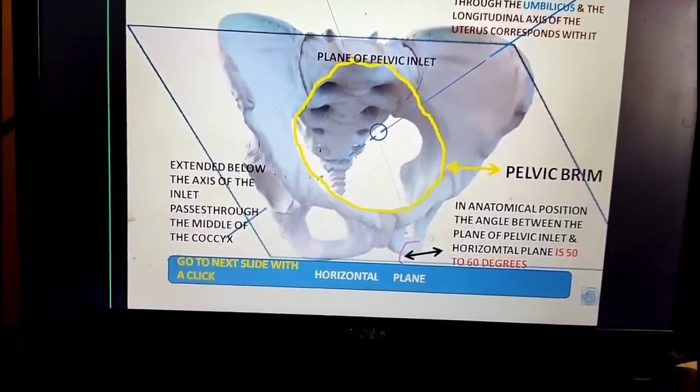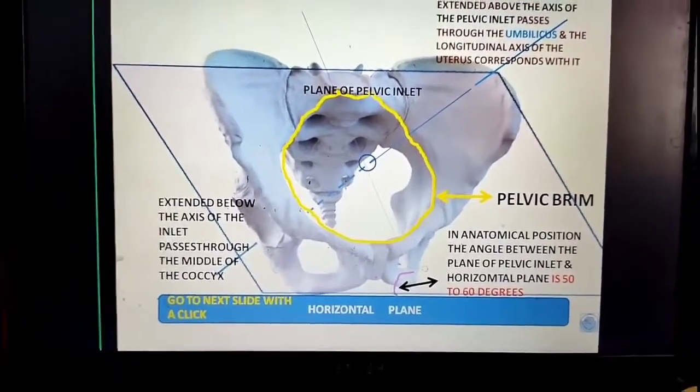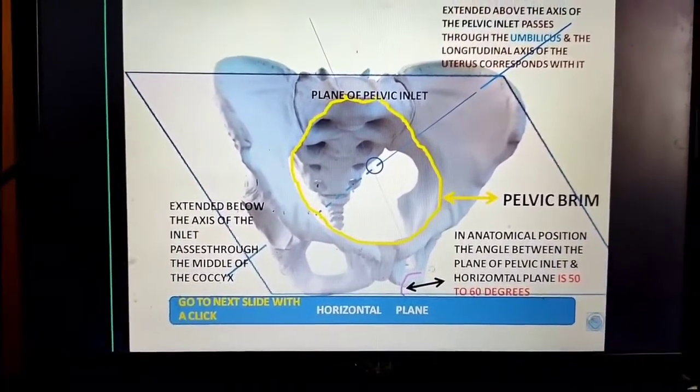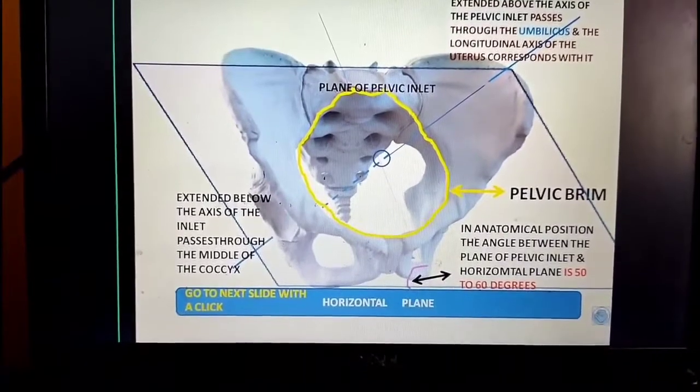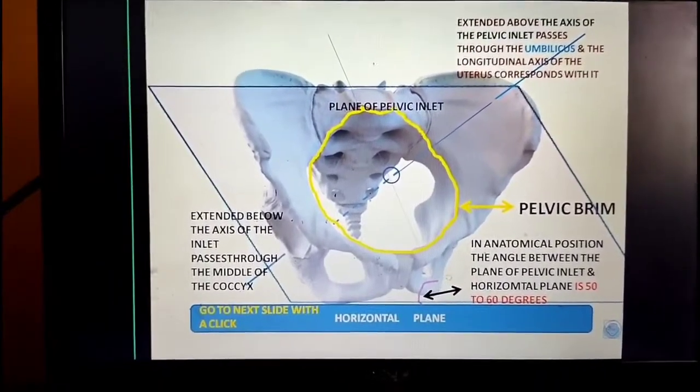Okay, so in this slide we have seen the pelvic brim, the pelvic inlet, the plane of pelvic inlet, its angulation, and the axis of the pelvic inlet.